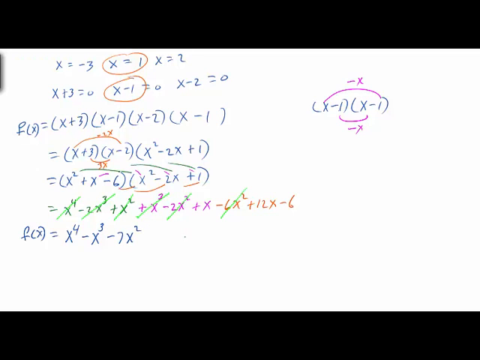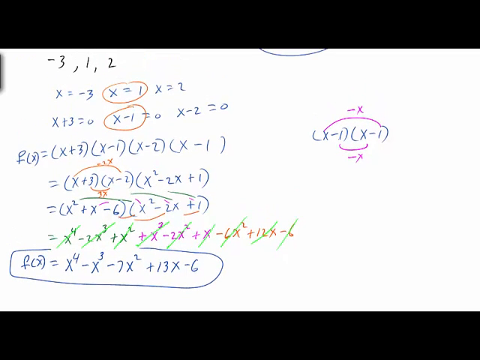Then we go to our x term. We have 1x and a 12x, which becomes 13x. And then all we have left is the negative 6, so we simply bring down our negative 6. And here we have our function of degree 4 that has the zeros negative 3, 1, and 2.